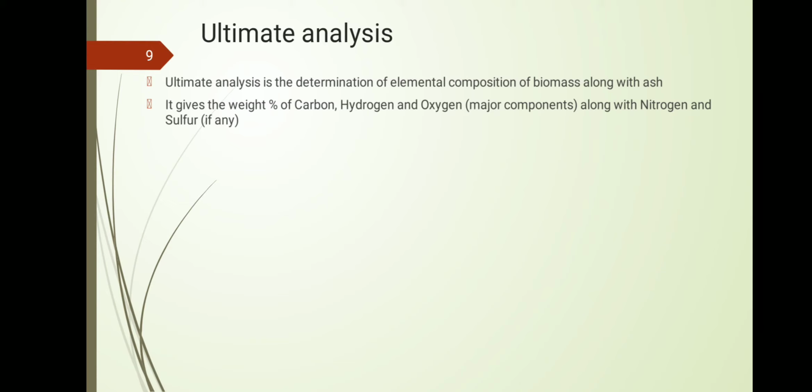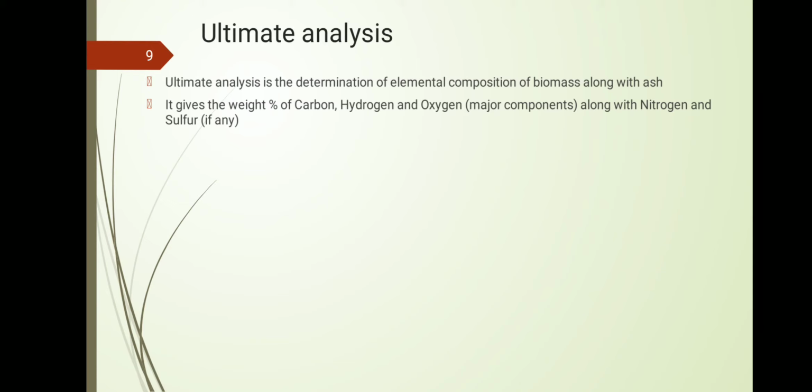So this is a very important property. Another important property is, with carbon, CHONS. We have to determine the percentage of those elements in that biomass, because this will decide what gas we produce after gasification or combustion of that biomass.